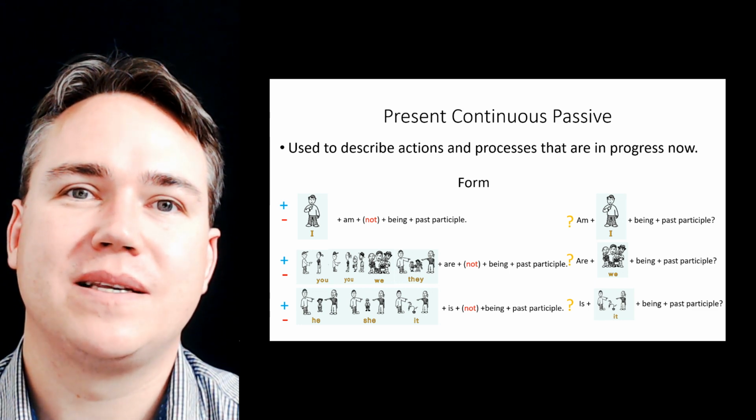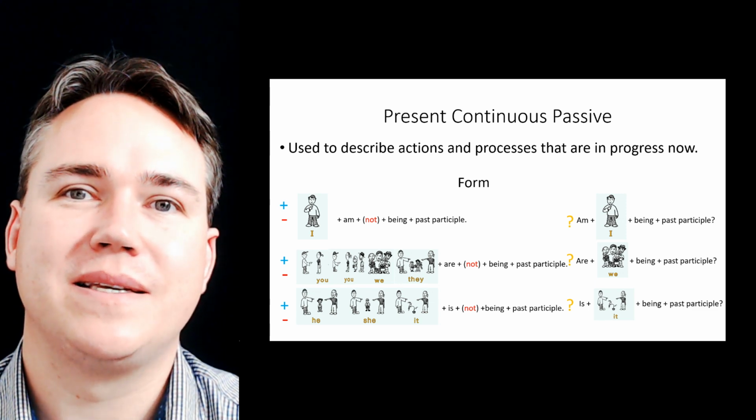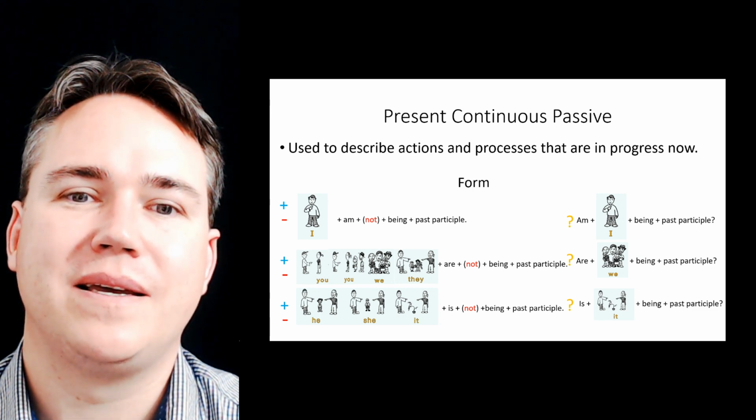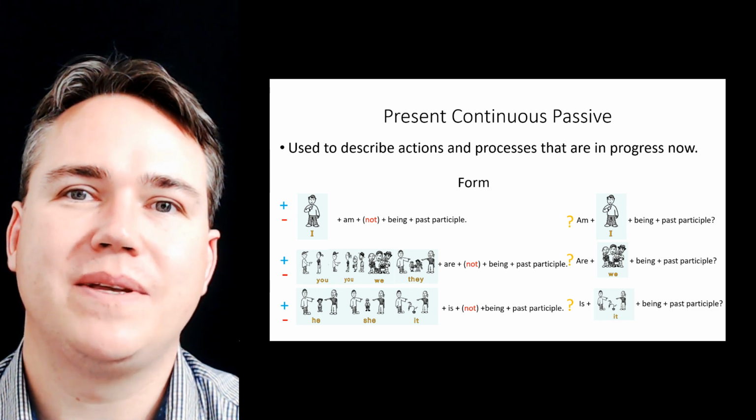For questions, are you, are we, are they, and past participle. She is, he is, it is, being, and past participle. It isn't, she isn't, he isn't being, and past participle. Is she being, past participle. Is he being, and past participle. Is it being, and past participle.